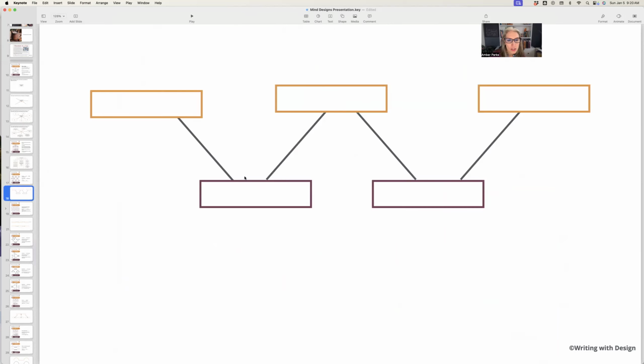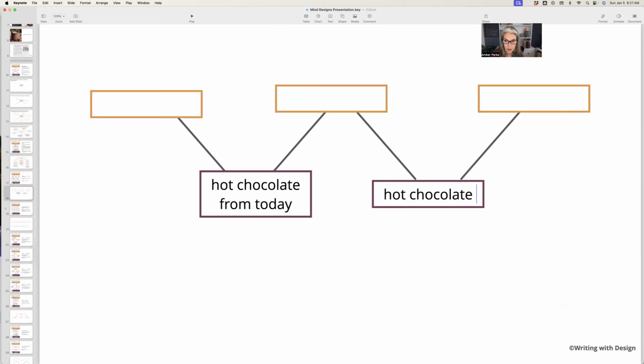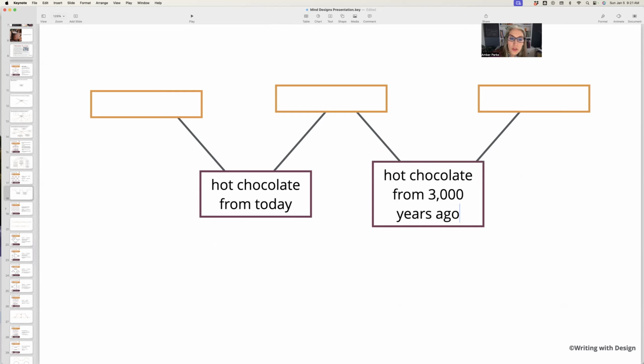Let's talk about hot chocolate present day. And we can say hot chocolate from 3,000 years ago. Okay, so this question in particular asks us to compare, but this is not the only time that you can compare. Anytime you want to talk about how something is similar and different, this is your design.